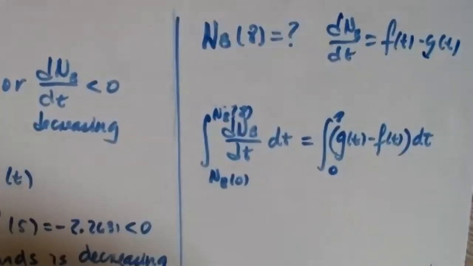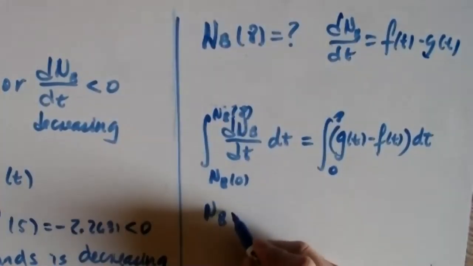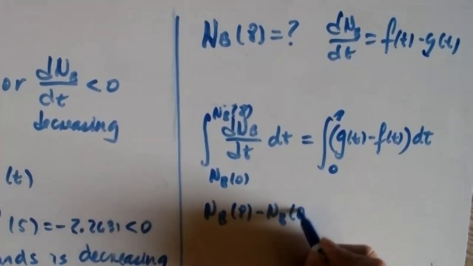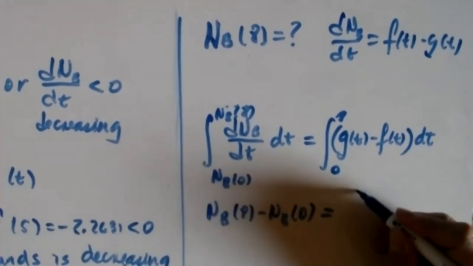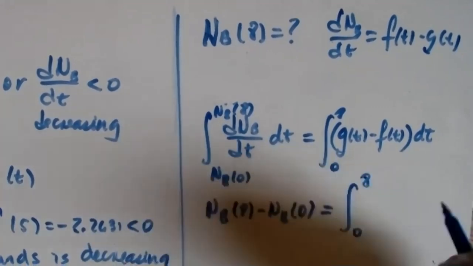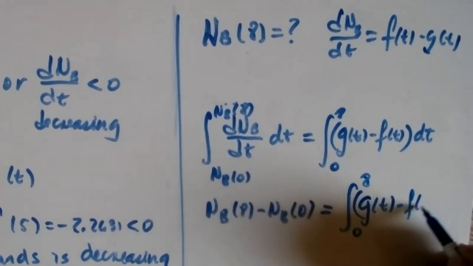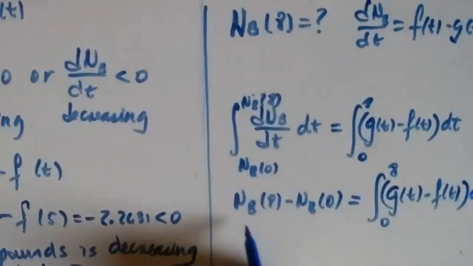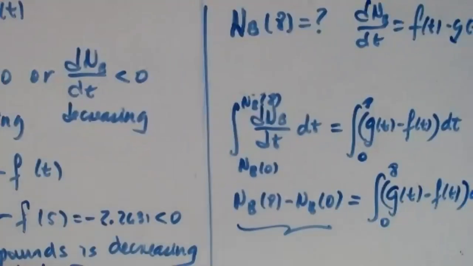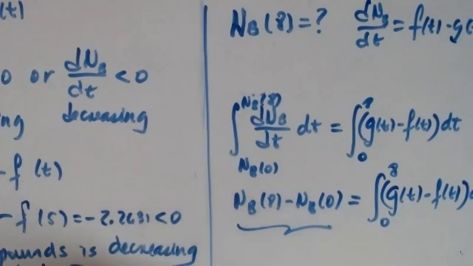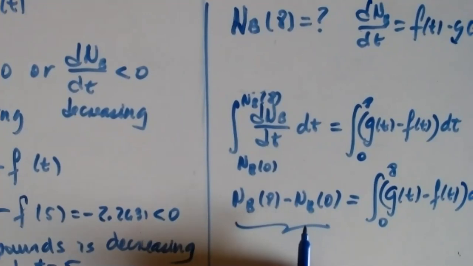Now, this is simply N_B of 8 minus N_B of 0 is equal to this integral from 0 through 8, g of t minus f of t dt. Correct? So this is the number of bananas at the final time minus the number of bananas at the initial time. So how many bananas are on the display?